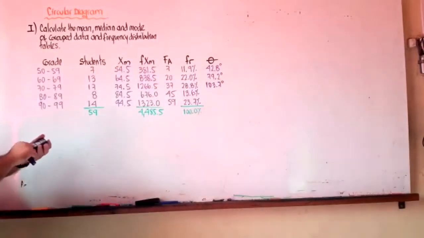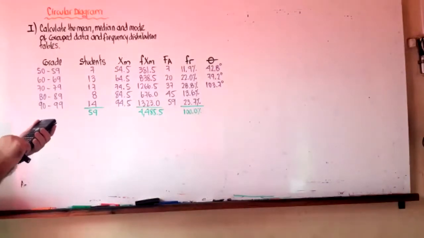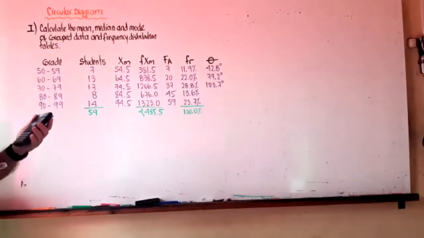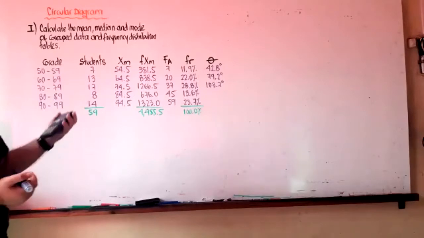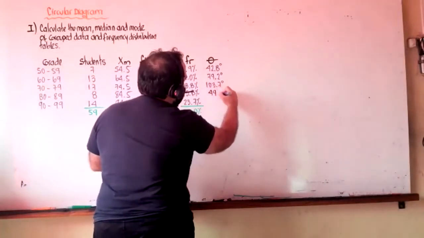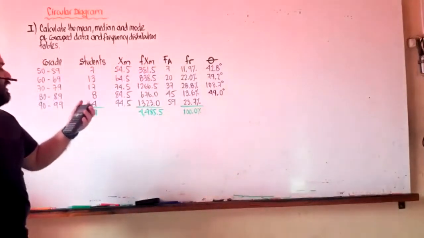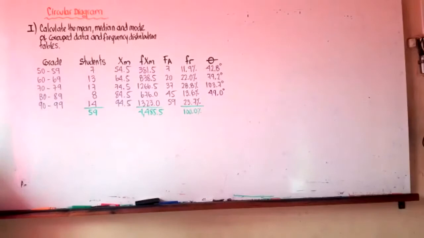Another one, 13.6 divided by 100, multiplied by 360. So the next distribution will be 49 degrees, because we are rounding to 1 decimal point. The answer was 48.96, and if you round to 1 decimal number, that will be 49.0.